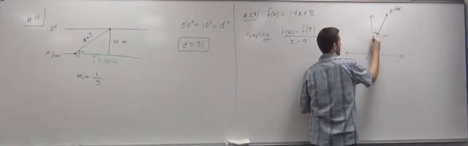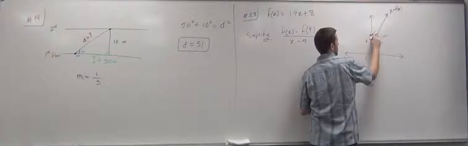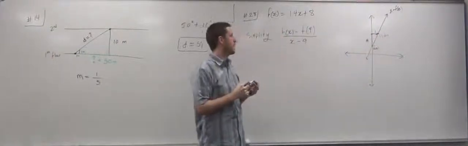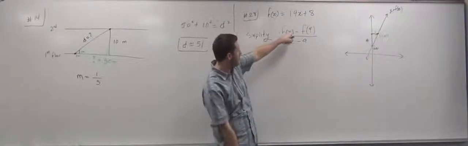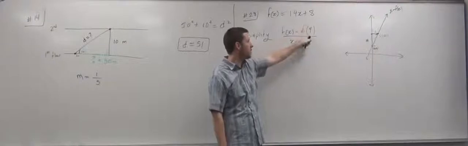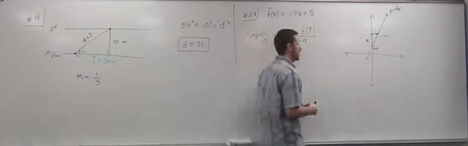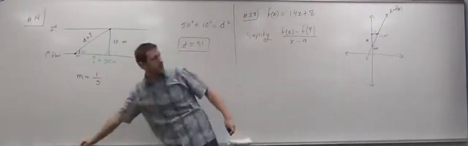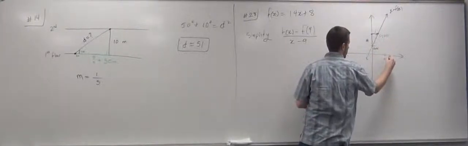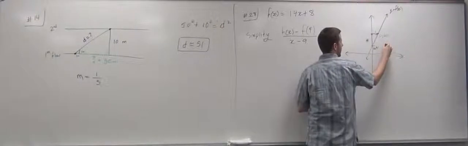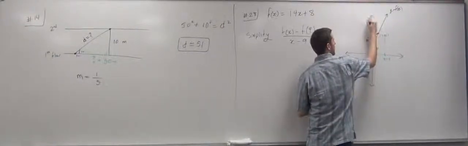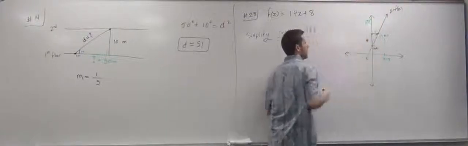So here's my rise. Now what does each of these represent? Well, f of 9 is a y value. F of 9 is the y value when x is 9. So if I come over here to x equals 9, then f of 9 is this y value right here.